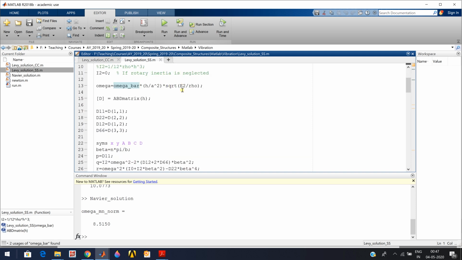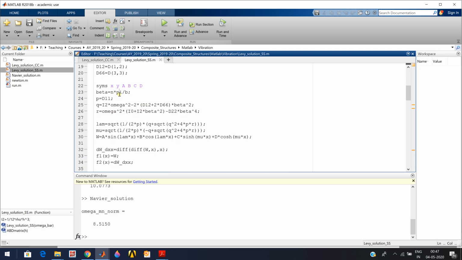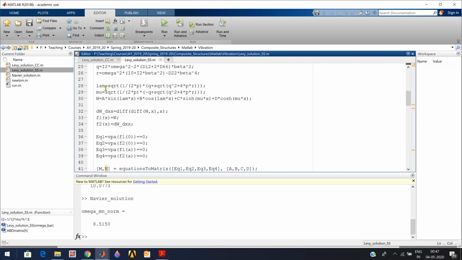That is done using this command, and then all the stiffness matrices. Then I am using symbolic commands for x, y, and A, B, C, D. Beta is given, then p, q are defined, then lambda and nu are defined, and then capital W is defined.